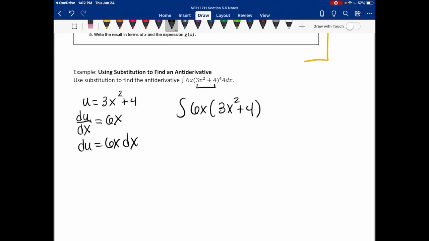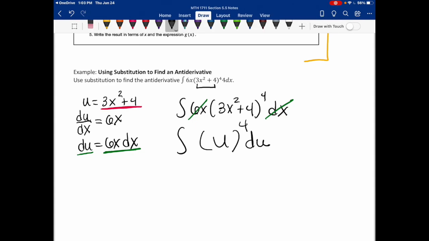Now I'm going to rewrite the integral of 6x times (3x squared plus 4) to the 4th dx, and make my substitutions. Notice that du can replace 6x and dx. So I'm going to get rid of 6x and dx, and replace that with du. Then I'm going to replace 3x squared plus 4 with u.